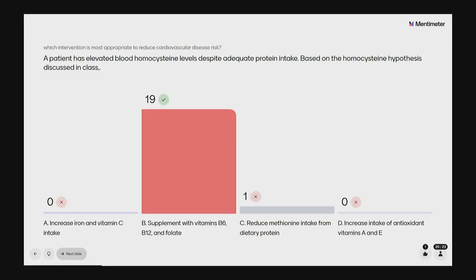Yesterday we looked at the homocysteine hypothesis, and we saw how these three vitamin Bs, vitamin B6, B12, and folate, which is also vitamin B9, play a role in regulating how much homocysteine we have in our system. And very often high homocysteine levels have been linked with increased risk of cardiovascular diseases.